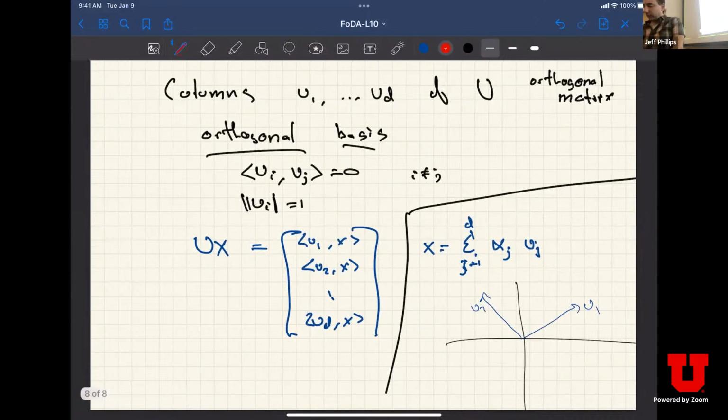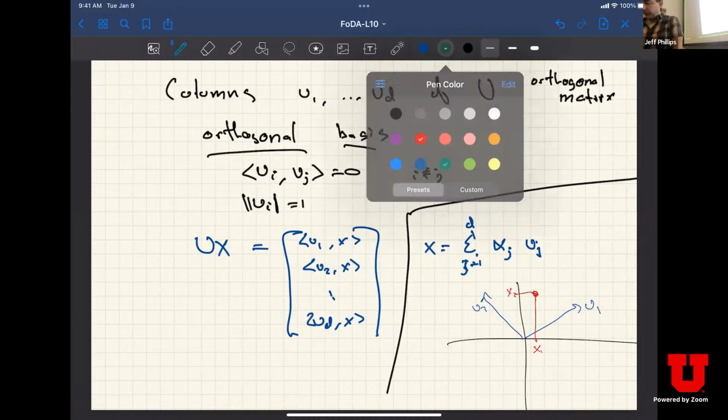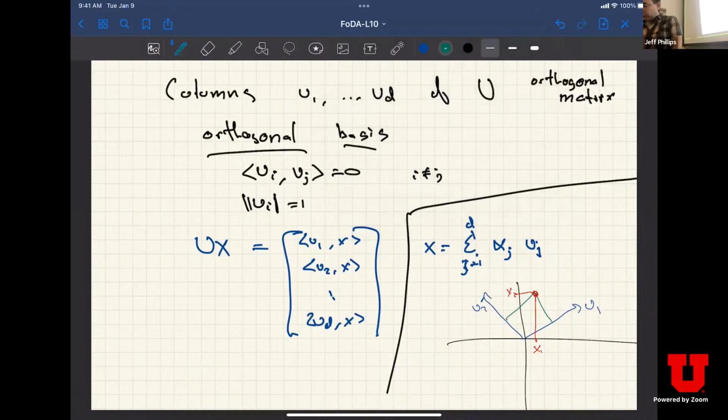Now I pick a value x, and it used to be written in the coordinate basis, x1 and x2, the x and y coordinates. But I can also project it onto u1 and u2, and I get alpha 1 and alpha 2. I can write x in the coordinate space of u1 and u2, basically.